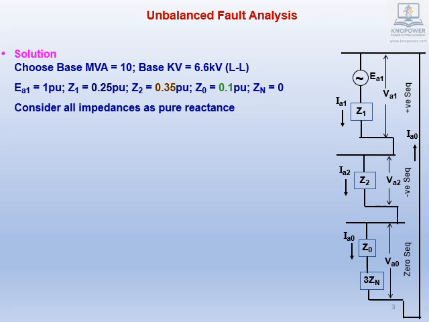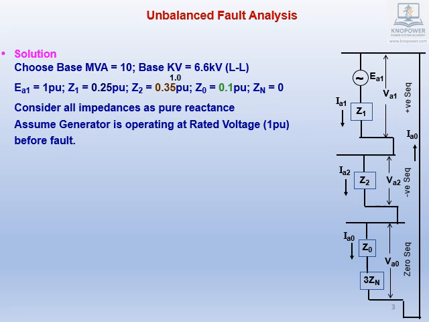Consider all impedances as pure reactance. Only jX terms are retained. Resistance is ignored. It makes hand calculations simpler. Source voltage. In positive sequence network EA1 equals 1 per unit.